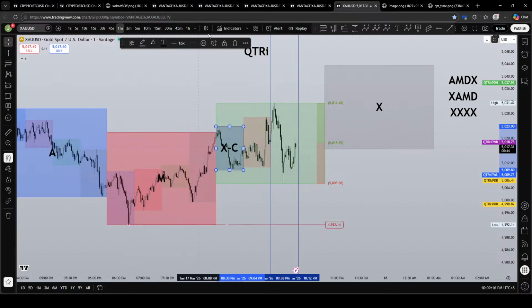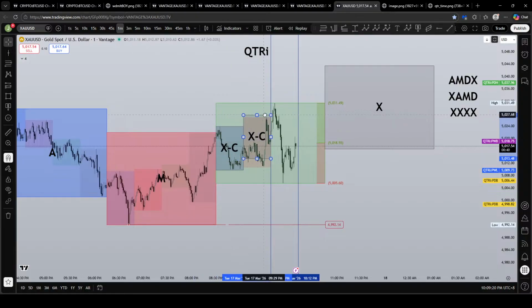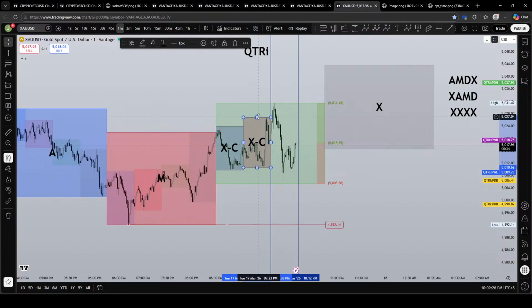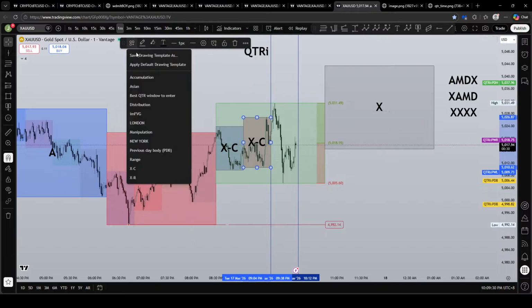Then I will consider the next one, or the subquarter 2 of quarter 3, as an accumulation.